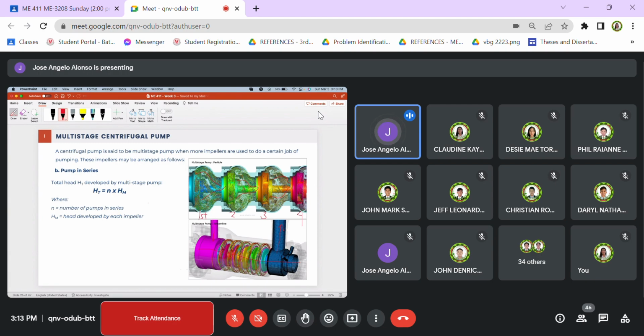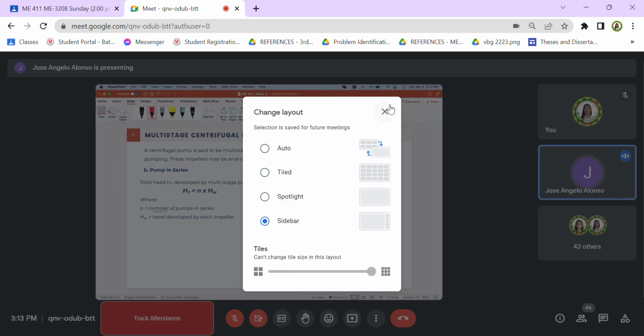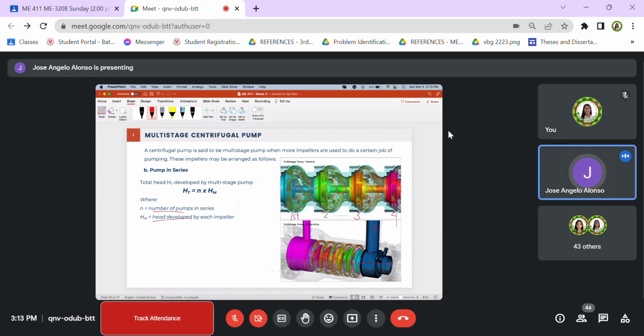So a centrifugal pump is said to be a multi-stage pump when more impellers are used to do a certain job for pumping. This impeller may be arranged as follows. So kapag pumping series, the objective natin dito is to increase the total developed head or the total dynamic head ng ating system. So we can get the value of the total head by multiplying the number of pump in series to the head developed by each impeller.